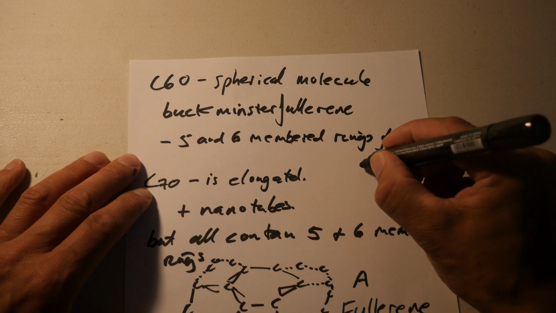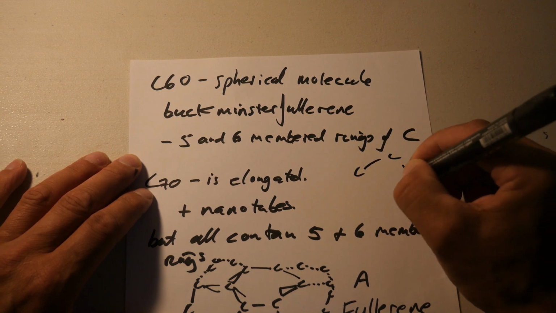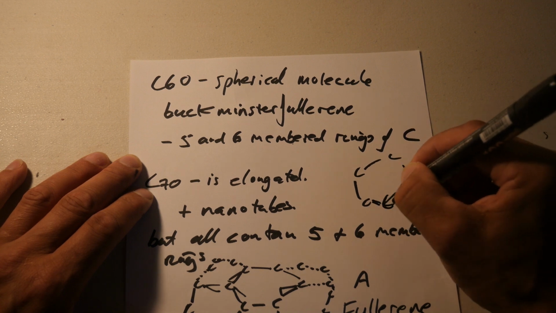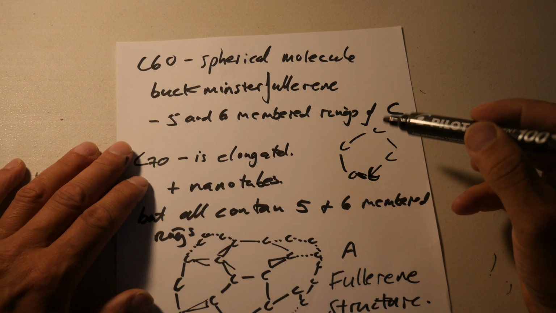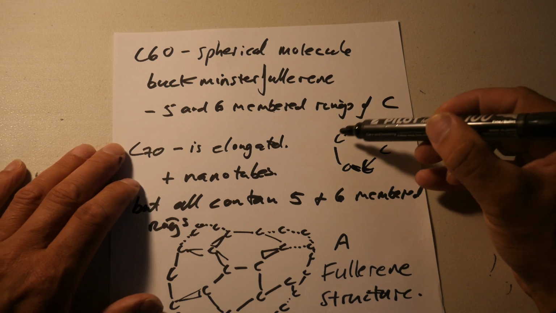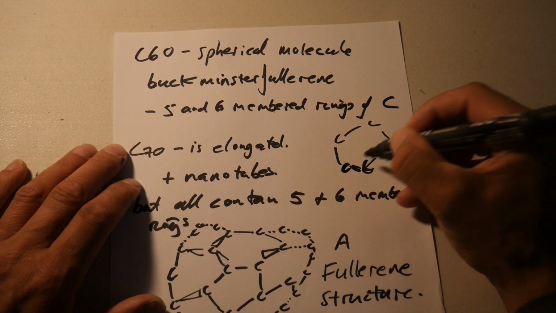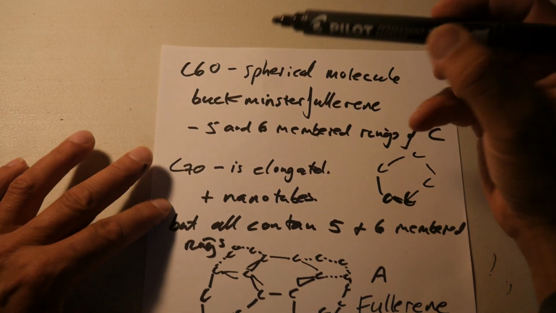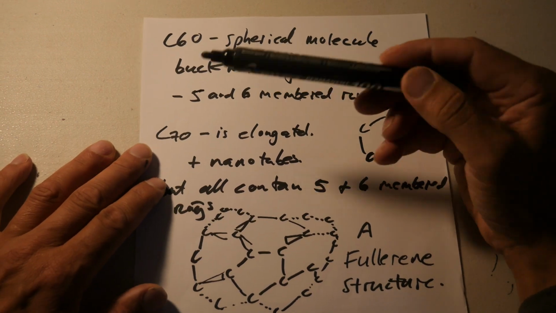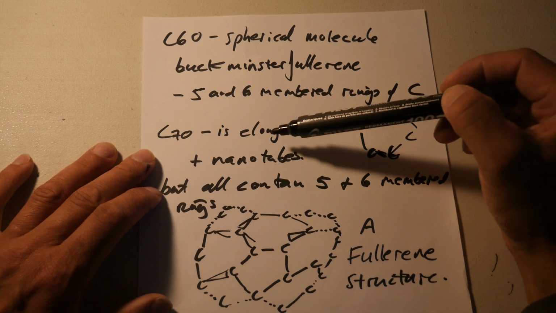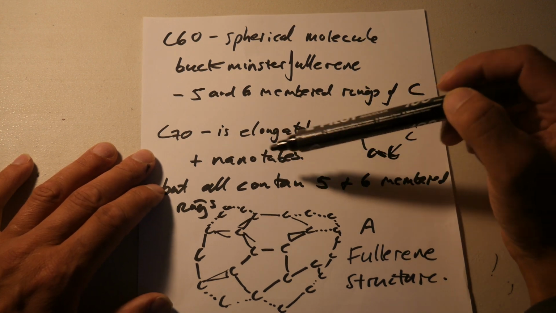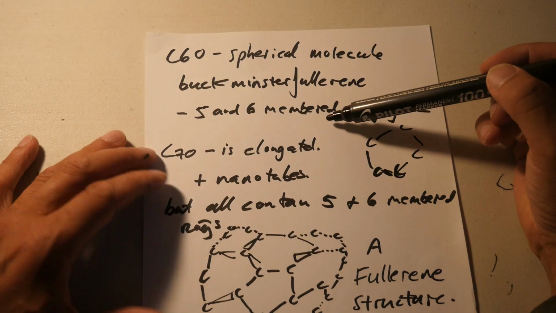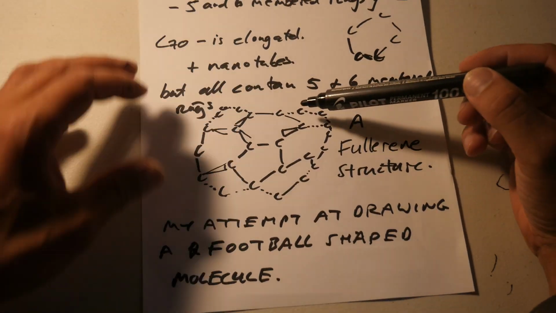That means each ring is made of either 5 or 6 carbons. They should all be the same length. There's also carbon 70, which is more elongated, and you get nanotubes as well.